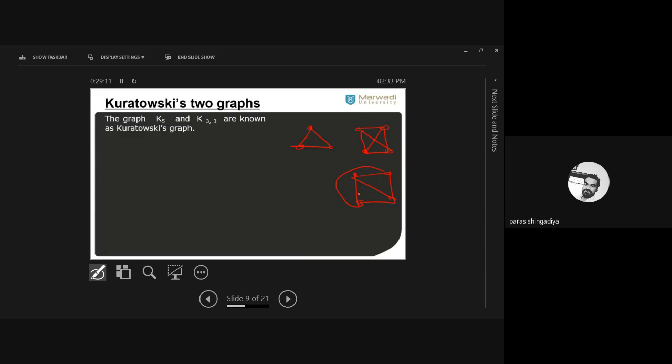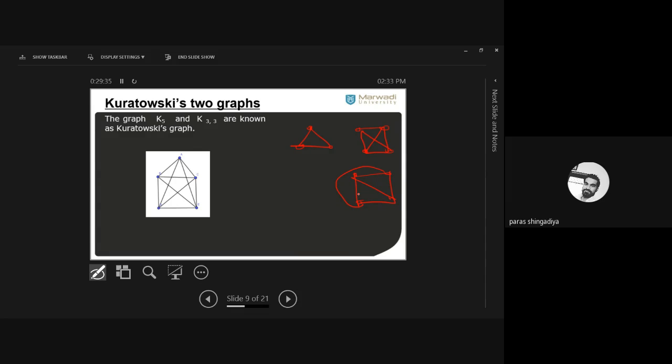But in K5, is it possible? In K5 it is not possible. We'll also prove why it is not possible. So this graph has the minimum number of vertices and edges. How many vertices in K5? 5 vertices. And how many edges in K5? 10 edges.